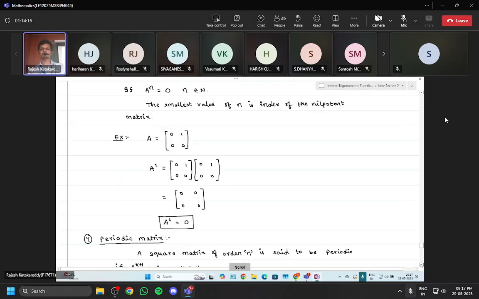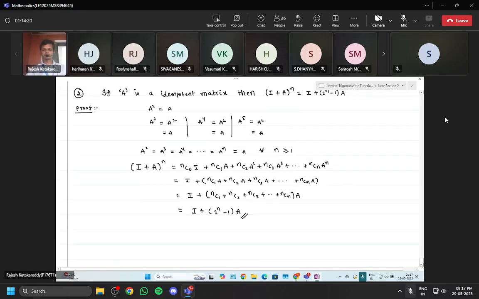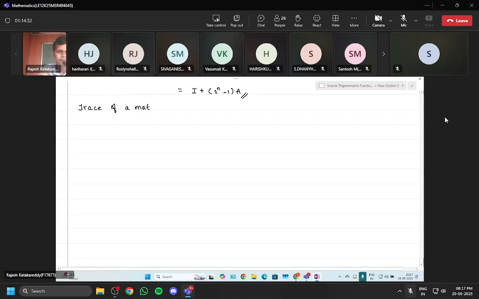Now we are doing 7. Trace of a matrix. Trace for every matrix is not defined. Trace is defined for a square matrix.